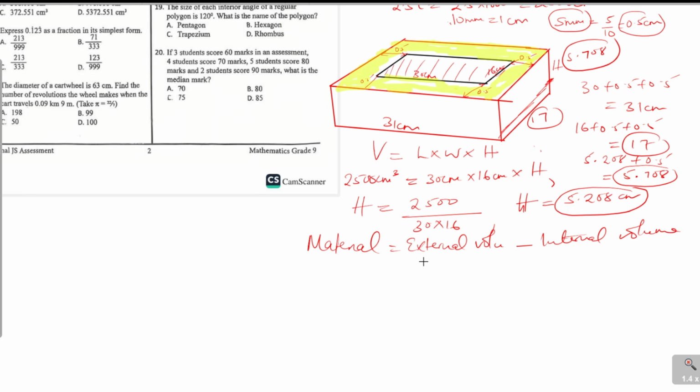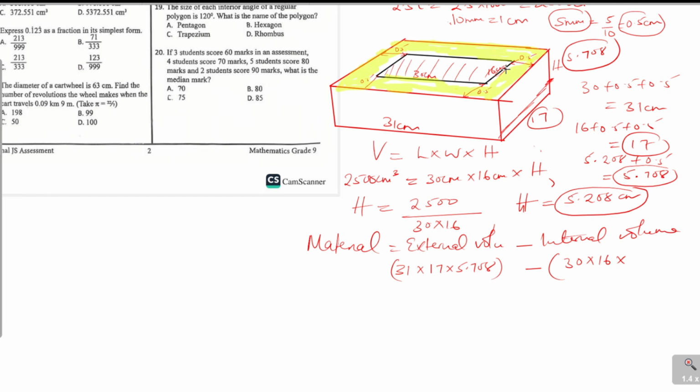Therefore, the external volume will be given by 31 times 17 times 5.708.